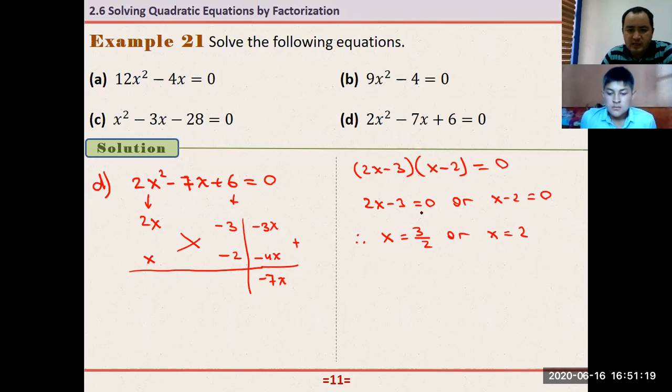What we are doing here is this: we have infinitely many numbers, and among them only these two numbers, when you substitute them here, make the result of this expression equal to 0. That is what we are trying to do, but to find them we have to follow all the rules that we studied earlier.